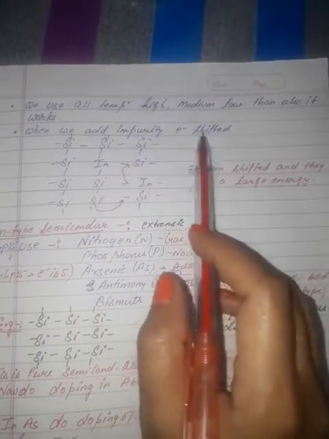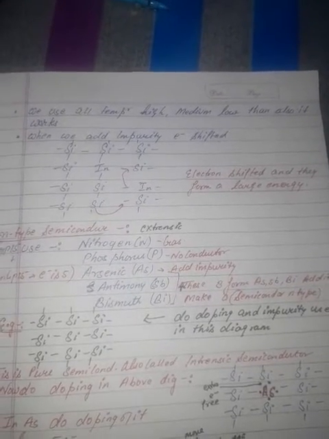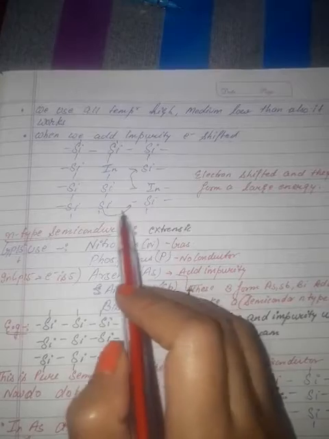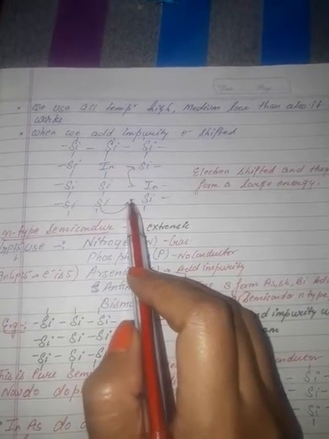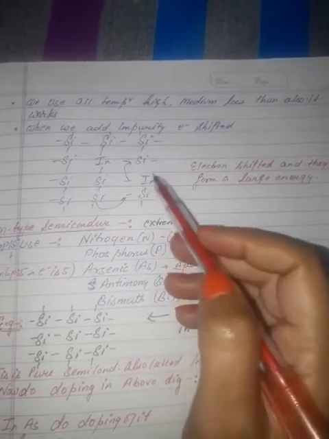Okay. Now, when we add impurity, electrons are shifted. As before also, when we add impurity, electrons are shifted. Means in place of silicon, indium has taken part. In this one also, I have shown the same diagram, the indium one. Silicon will leave its position, it will go upside, and then also holes will be created.